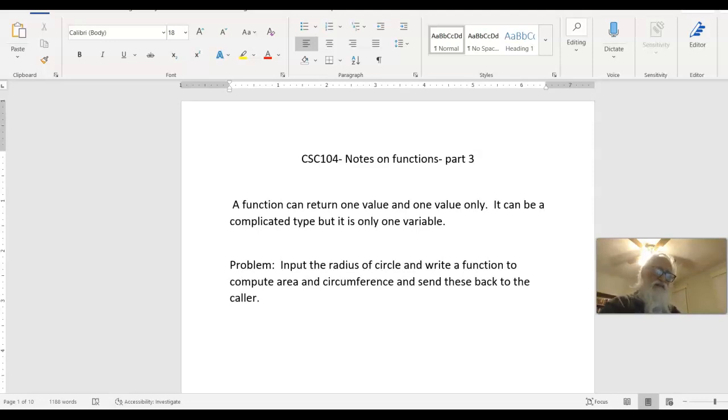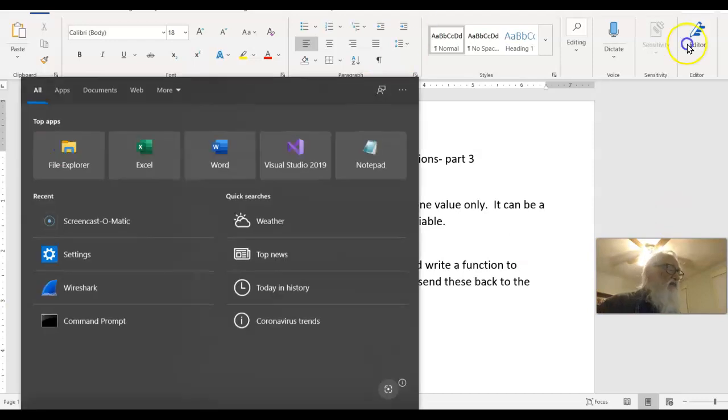Well, we know what to do, really. Last time we figured out how to do call by reference. That's what we're going to do. So I'm going to go to Visual Studio.